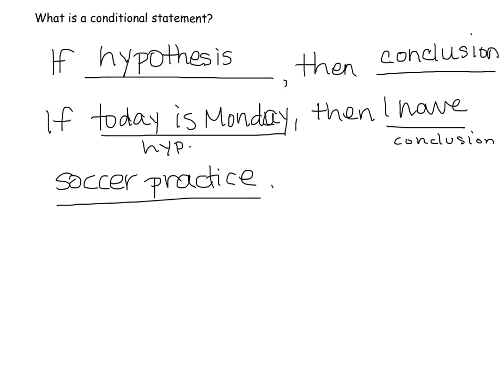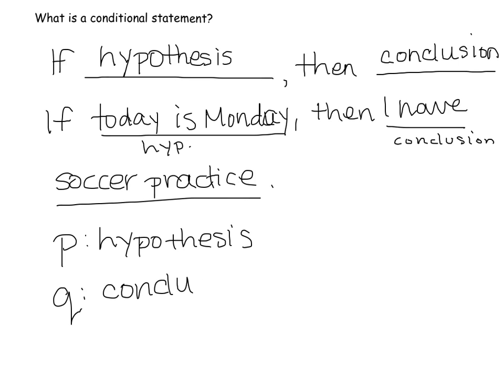And since we're always trying to take shortcuts in math, we often just write a conditional statement with P being the hypothesis and Q being the conclusion. So we might refer to a conditional statement as an if P, then Q, meaning if this P hypothesis, then this Q conclusion.